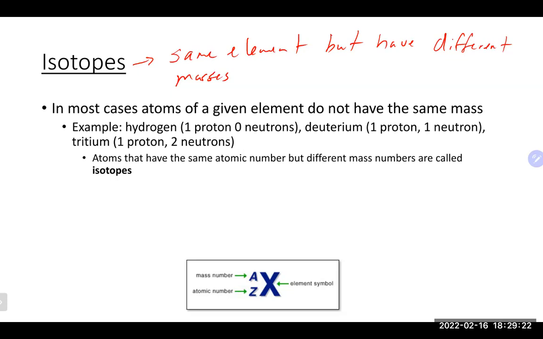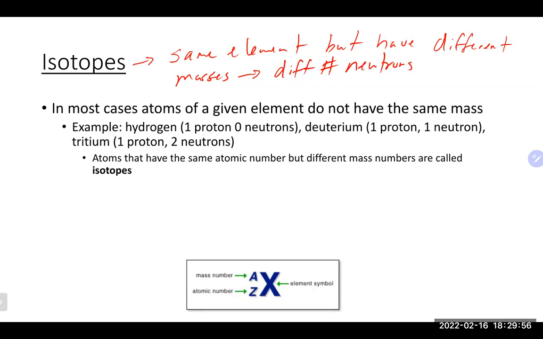Now, in order for them to be the same element, is it the protons, electrons, or neutrons that have to be the same? It has to be the protons, right? For them to be the same element. So isotopes are the same element, which means they have the same number of protons, but they differ in the number of neutrons. So it's the number of neutrons that makes them isotopes of each other. They have a different number of neutrons.